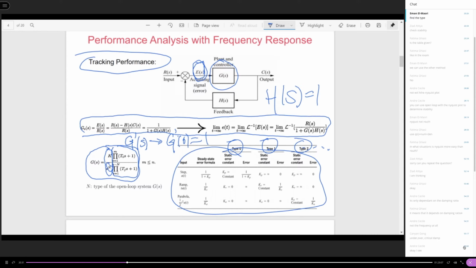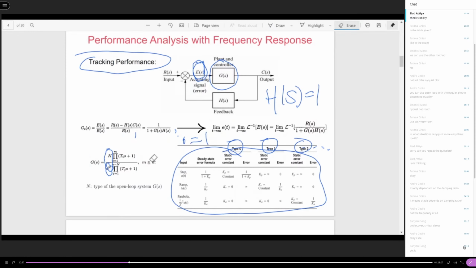Someone? Let me see. Check the stability. Yes, Zia, you are good. I'm glad you can still remember it. Iman, finding the type is straightforward. Check the stability. That is very important, because you can see that from this. Let me erase that.